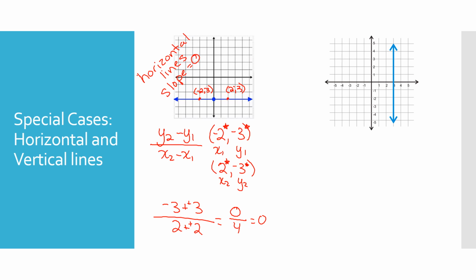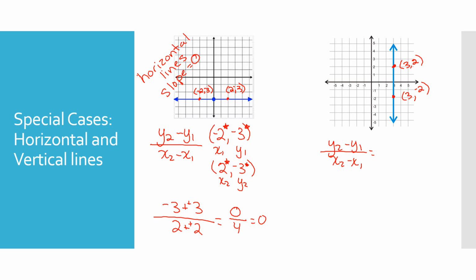Okay, so let's do the same thing with our vertical lines here. I'm going to pick this point, which is 3, comma 2, and I'm going to pick this point, which is 3, -2. So y2 minus y1 all over x2 minus x1.